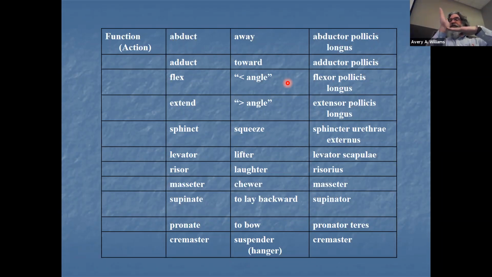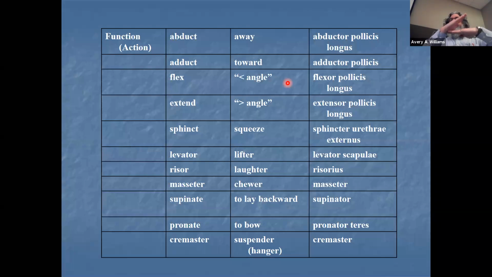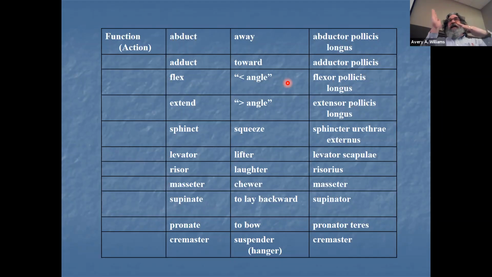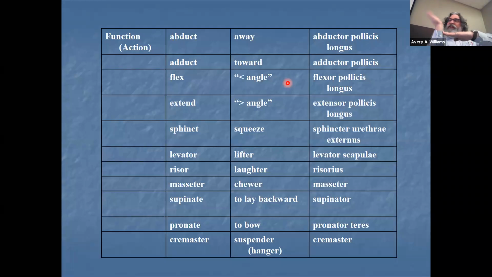Going from 0 to 45 to 90, you're making the angle bigger. Between two lines, if you're increasing the angle, making it bigger, you're extending, the joint is extending. But if you're decreasing the angle, making it smaller, like going from 90 to 45 to 0, you're flexing. So extension and flexion, okay?